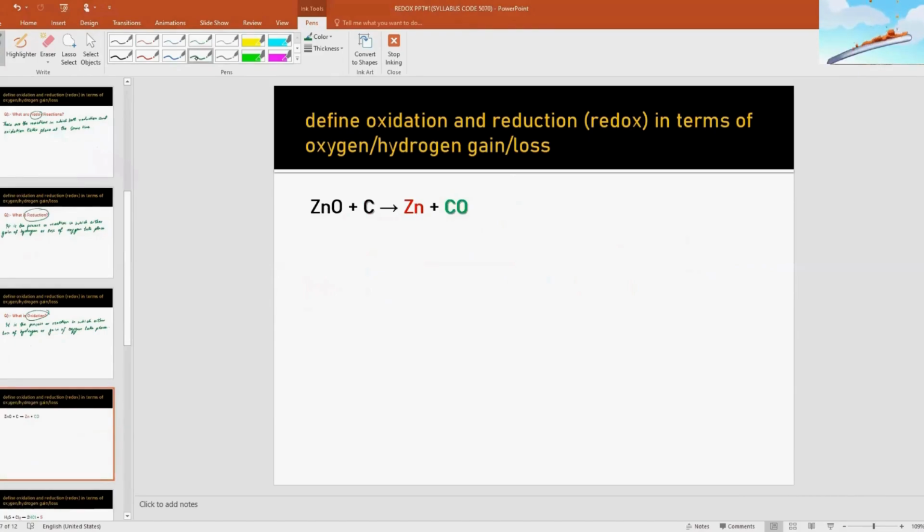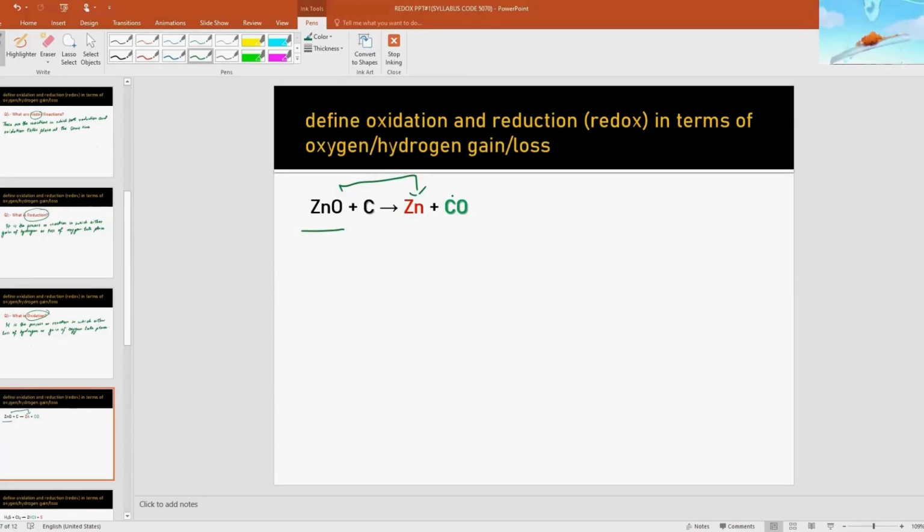This is the first reaction. In this reaction, ZnO has lost oxygen to give Zn. Therefore, we can say that ZnO has undergone reduction.